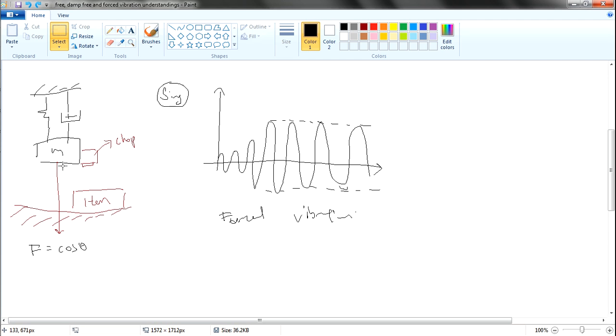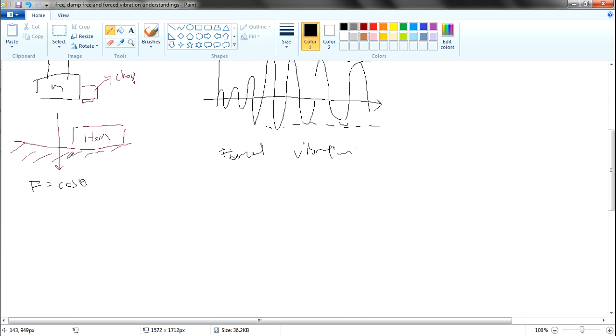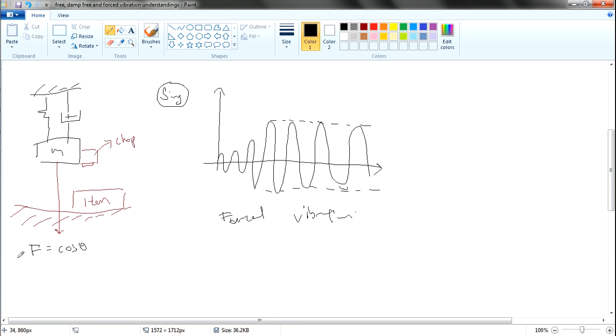Apparently there will be a force trying to pull this mass down, and this is a forcing function relative to the mass itself. Relative to free vibration, the forces are whatever forces that do not continue to let it move. There will not be any constant forces acting on it.